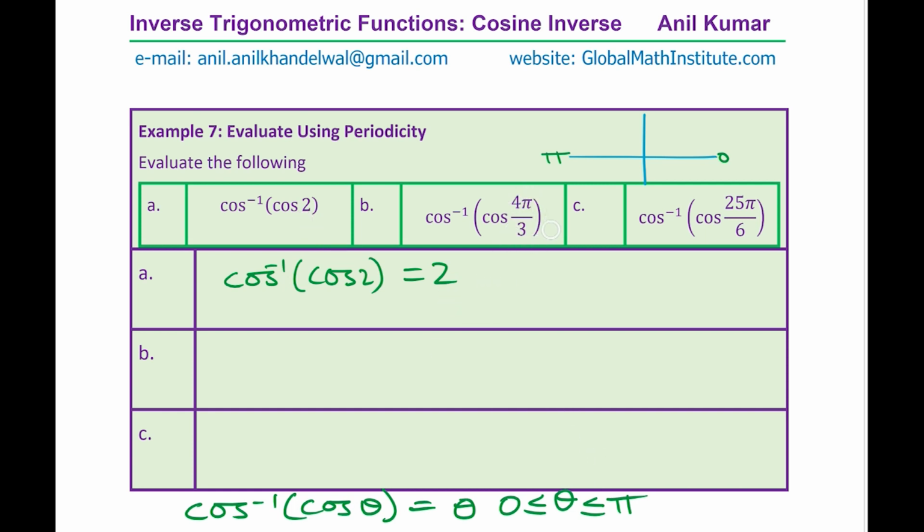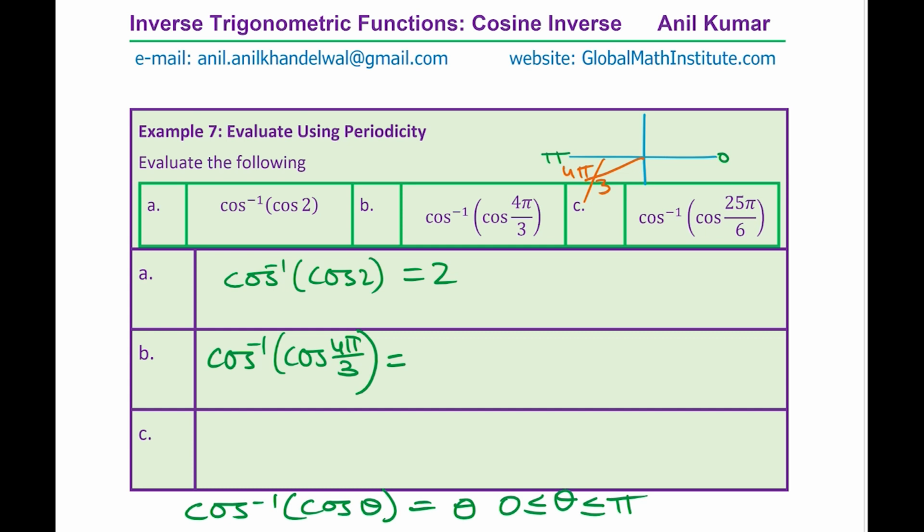Now 4 pi by 3 is out of range. Do you see that? So what to do in this case? Cos inverse of cos 4 pi by 3. This is 4 pi by 3, correct? 3 pi by 3 is pi. 4 pi by 3 is pi by 3 more.